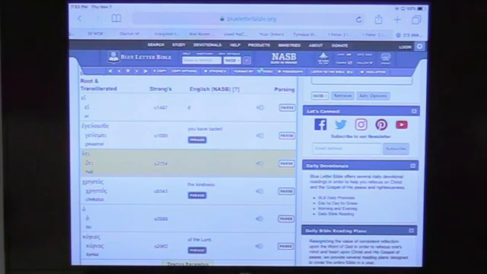It says taste, geuomai. That tells you there's only one in the King James, and this is all based on the King James. There's only one Greek word that's translated taste, so you're good.